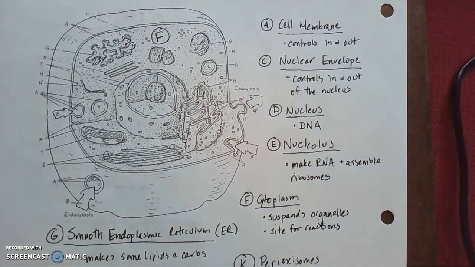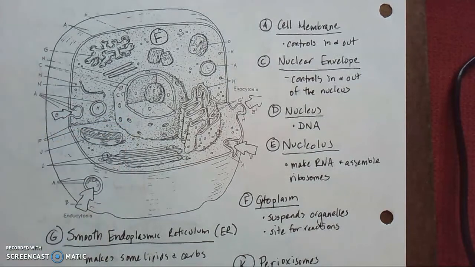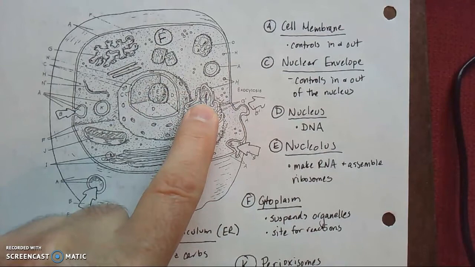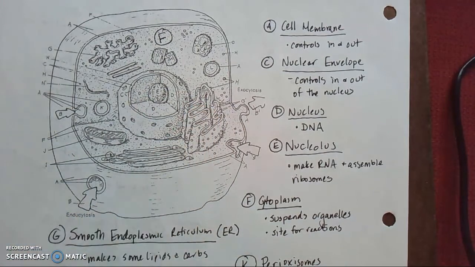We'll talk about this during protein synthesis, but we'll come back to this diagram and talk about a pathway from the nucleus to the endoplasmic reticulum to the Golgi to the outside.